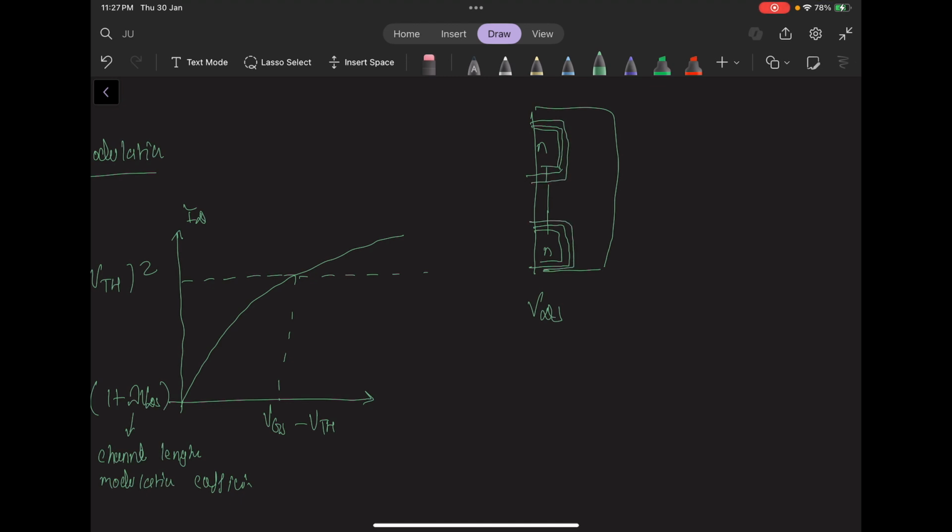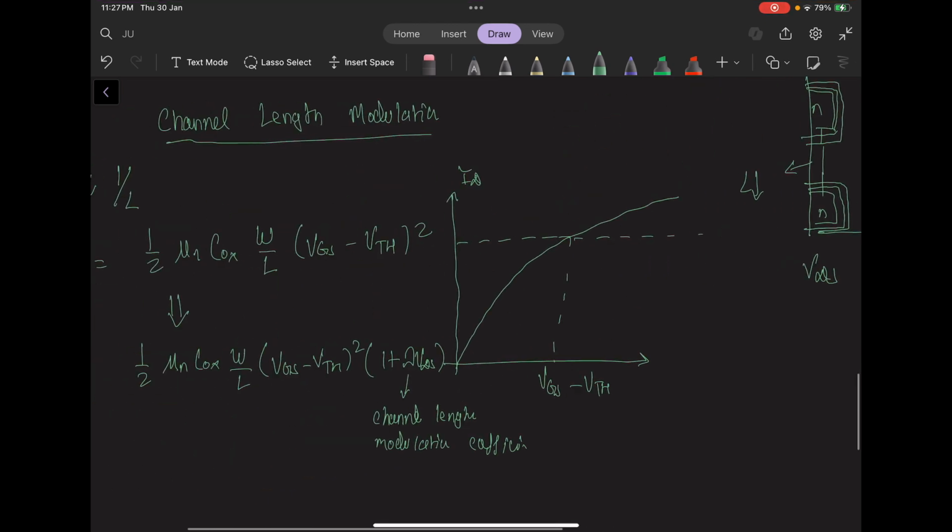As a result, this channel is effectively shortened. So L decreases. Now, ideally, this should not happen. So therefore, we need to change what current we get at higher VDS.